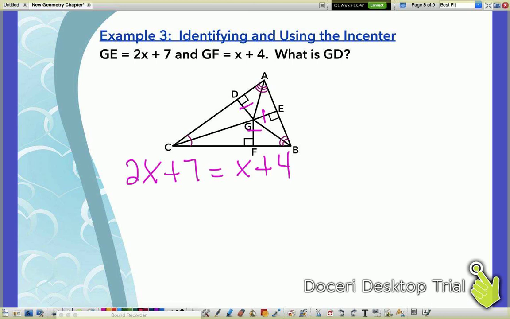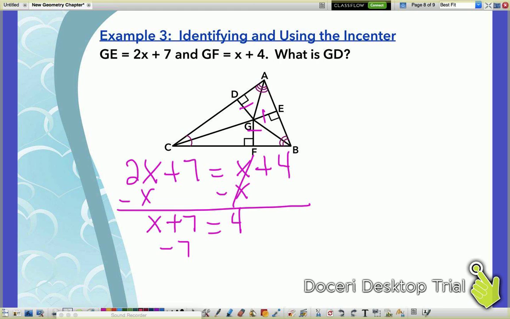So minus x. If I subtract 7, why doesn't that make any sense?